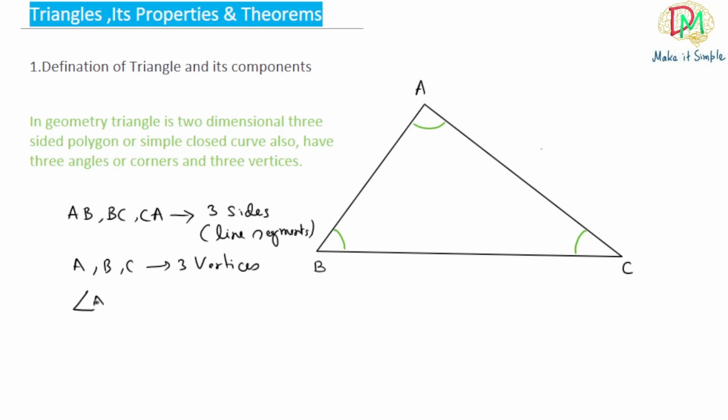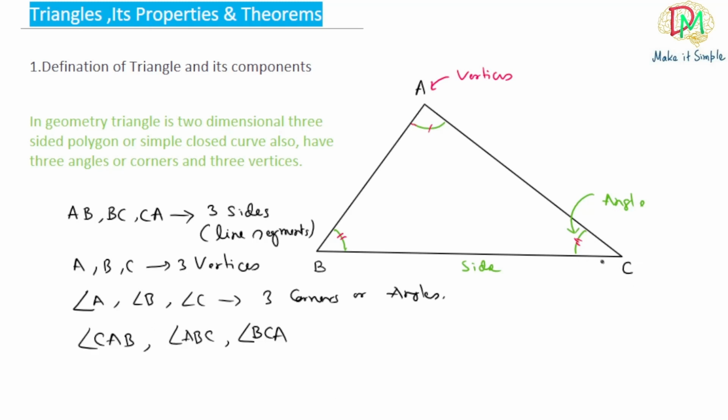And angle A, angle B, angle C, three corners or angles. Case of angle A, you can write as this angle is actually the interior angle.